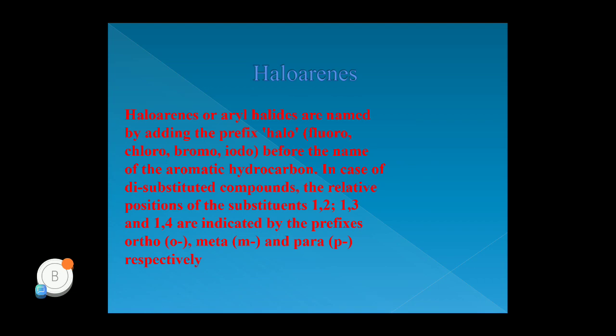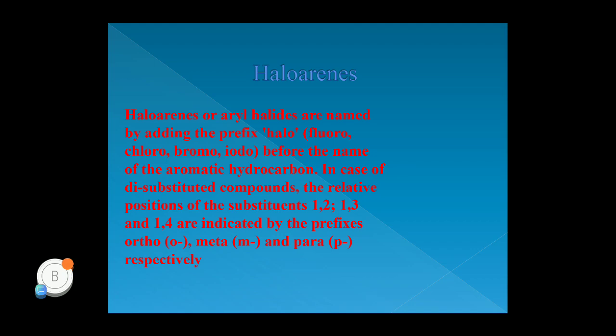Now the haloarenes. Halo, again we have studied the meaning of halo, the halogen series. Arenes means aromatic compound. Whenever we substitute one hydrogen from the aromatic series, we get the haloarenes.